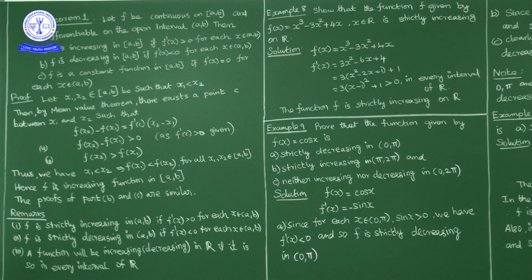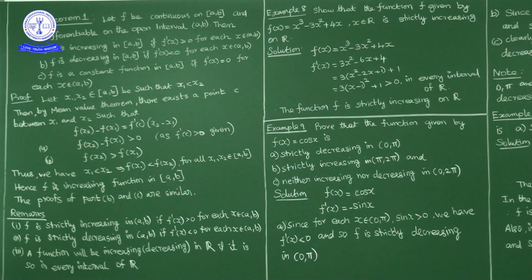So here, what is given: f is a continuous function on the closed interval [a, b] and differentiable on the open interval (a, b).